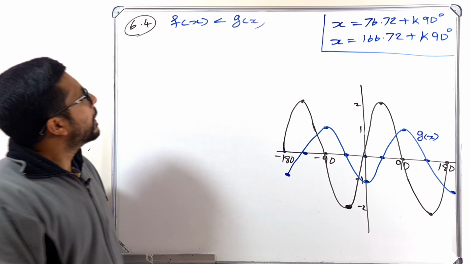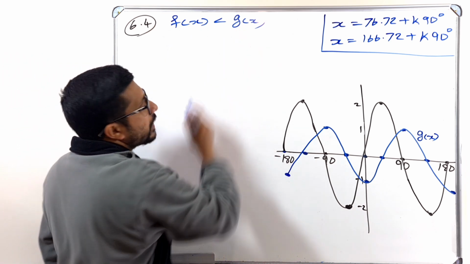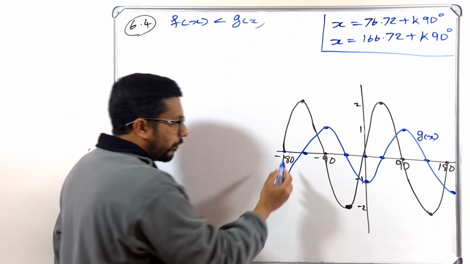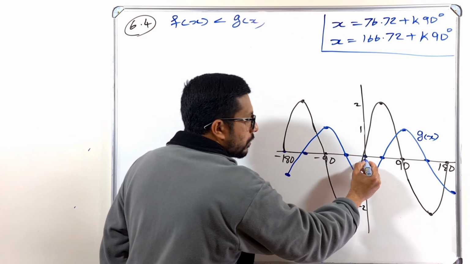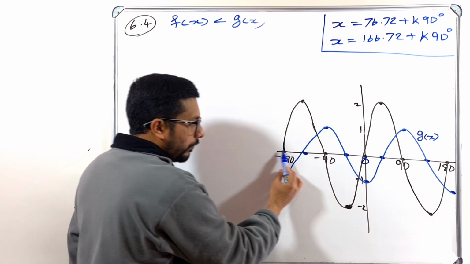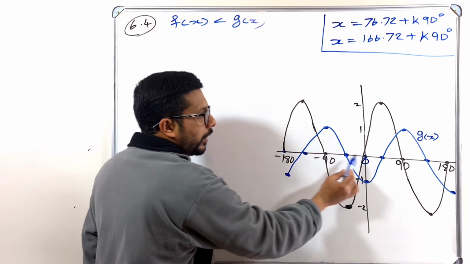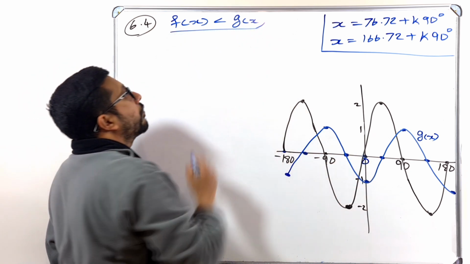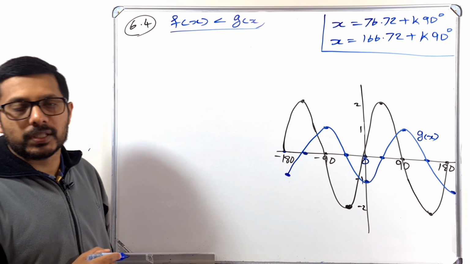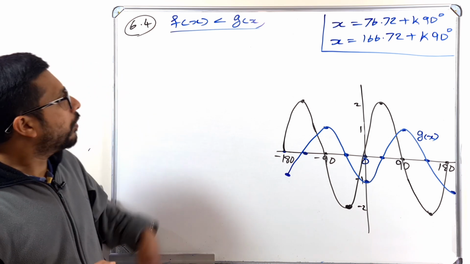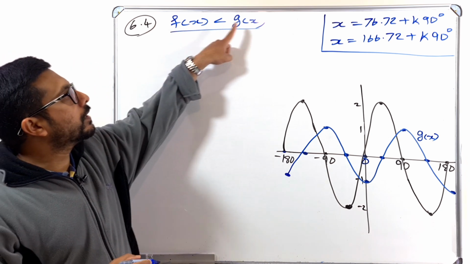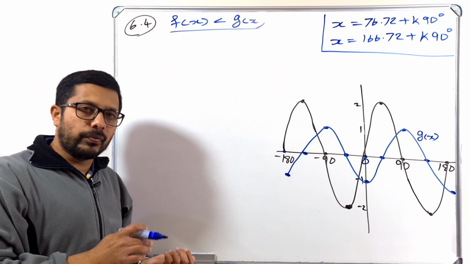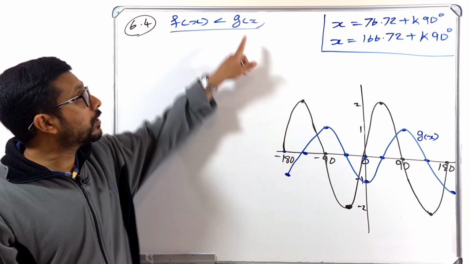Look at this one. f of x is less than g of x. You have to find the values of x from minus 180 to 0 that satisfy the condition f of x is less than g of x. So which graph is bigger, f of x or g of x? Of course, g of x is bigger.